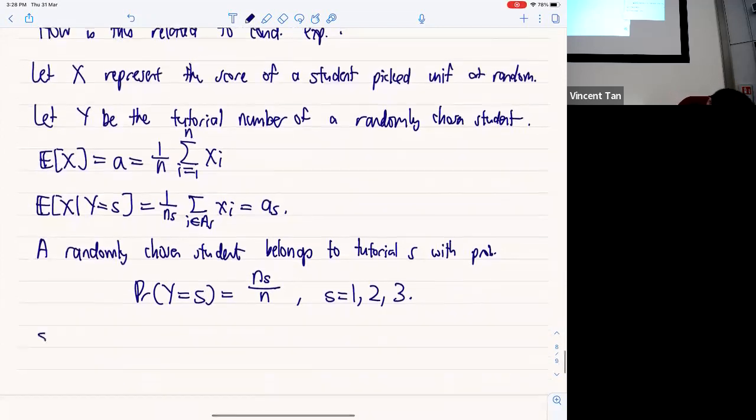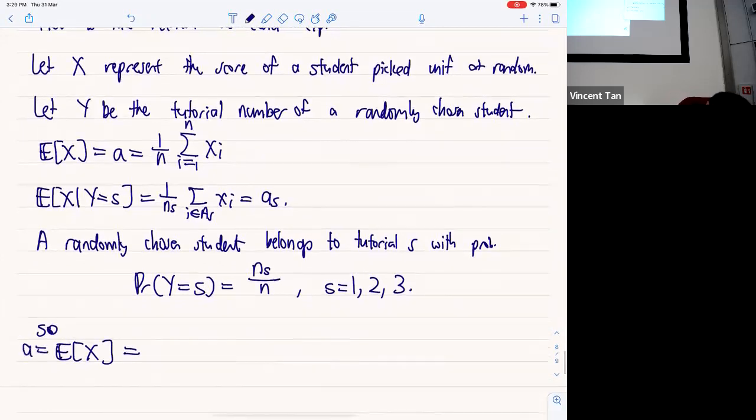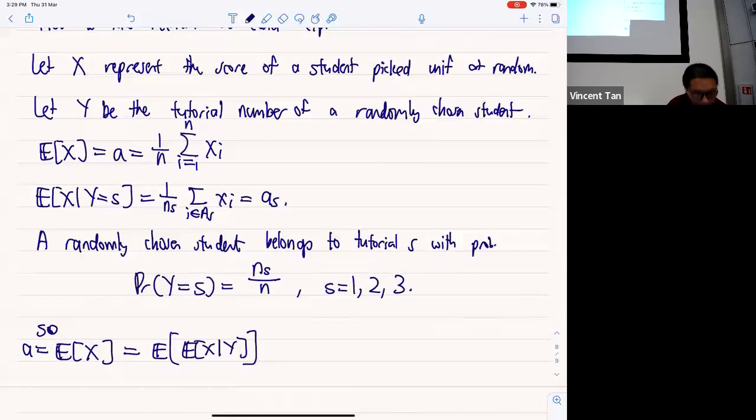Okay, so we have the expectation value of X, which is the average of the scores of all the students in the whole lecture. That is equal to A, which, by the definition of conditional expectation, is just this iterated expectation.